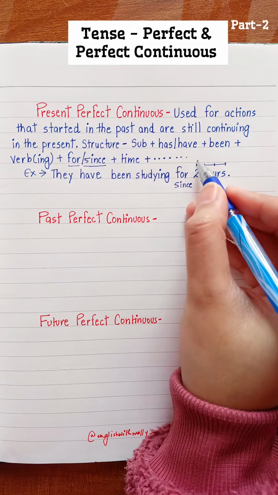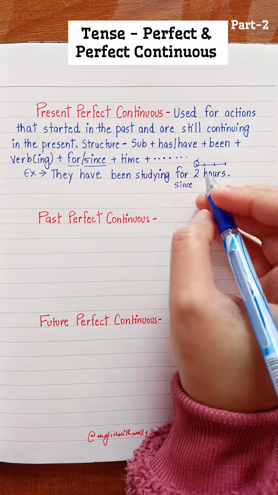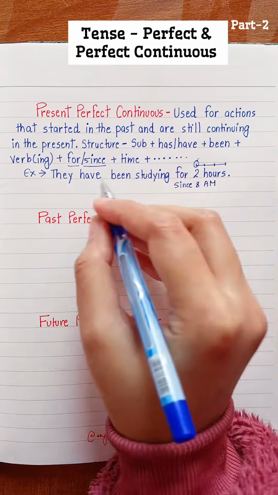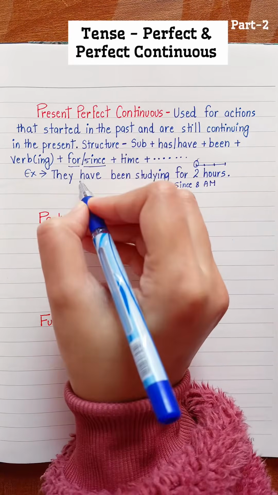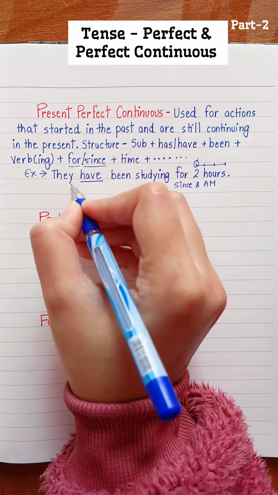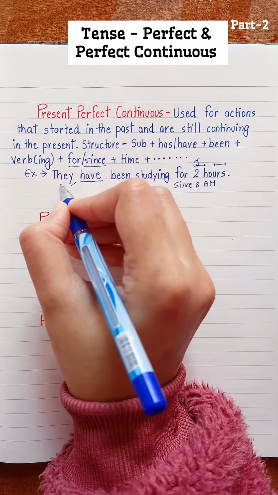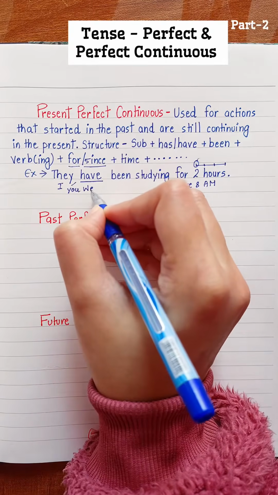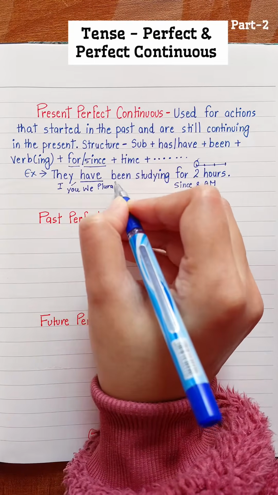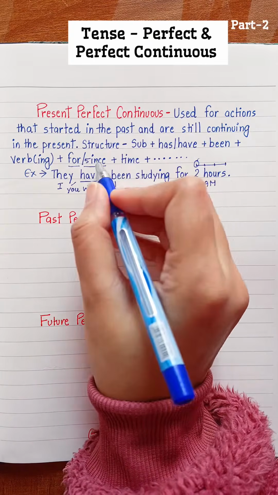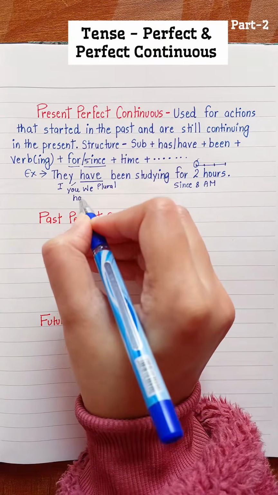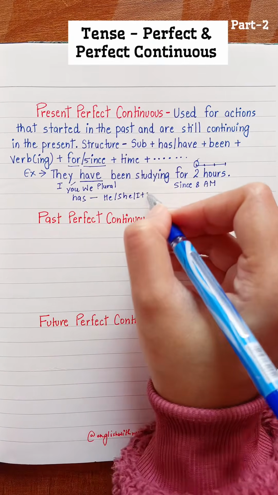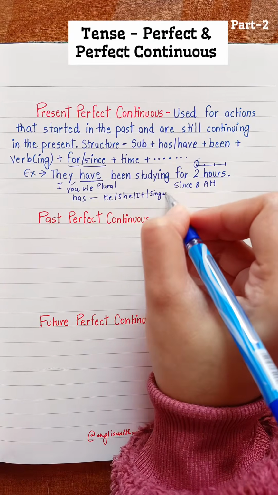And since is the exact point of time when the action started, or the starting point of time. They have been studying since 8 a.m. Also keep in mind that have is used with they, I, you, we, or plural subjects, and has is used with he, she, it, or singular subjects.